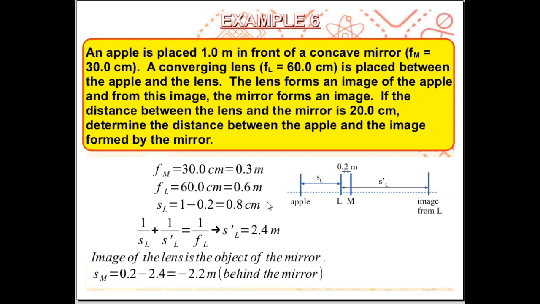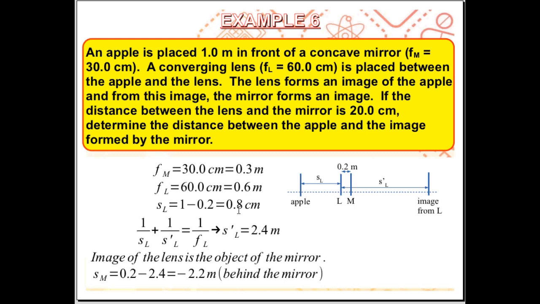Using now our equation for image formation, 1 over SL plus 1 over S prime L is equal to 1 over FL. We know FL. We know SL. We are able to calculate S prime L. So again, FL is 0.6 meters.